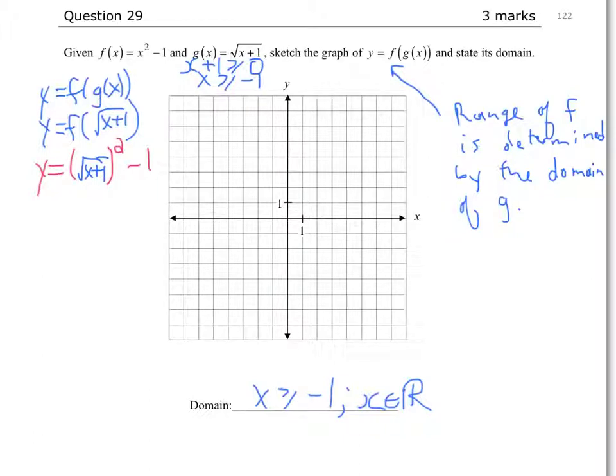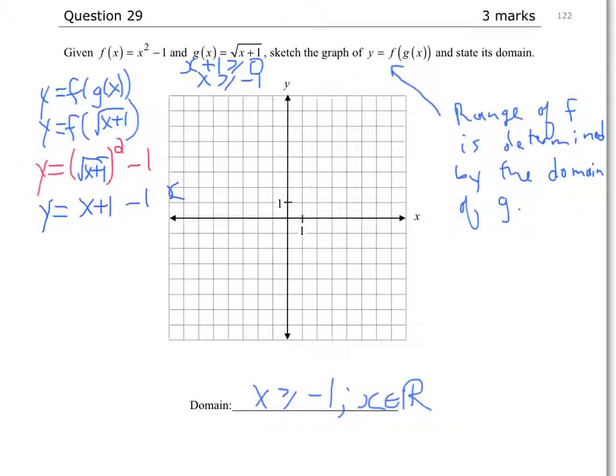But anyway, let's expand this. The square root times the square root goes away. So we're going to get y equals x plus 1. That's the squared part, but we have a minus 1. Now, as soon as we say that, we want to remind ourselves of the restriction.